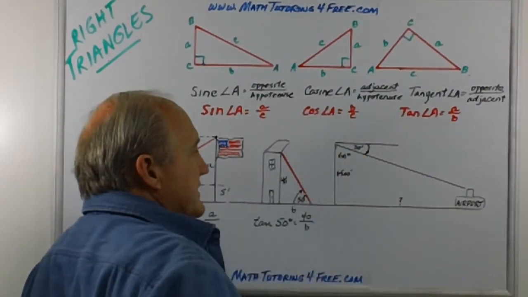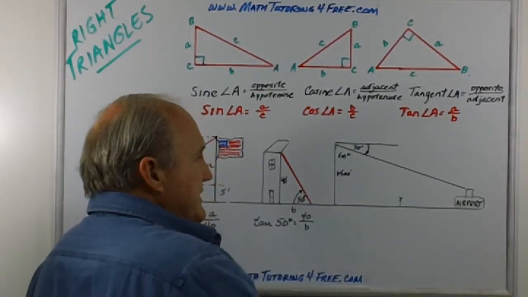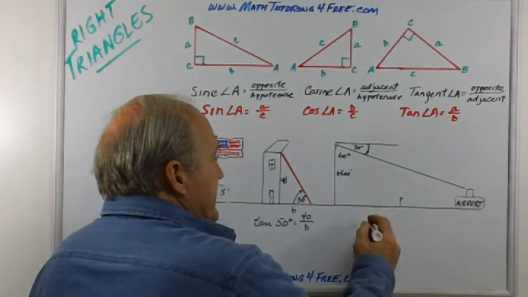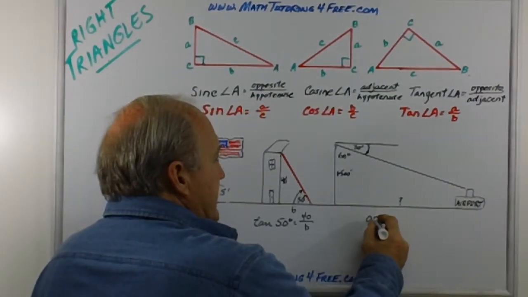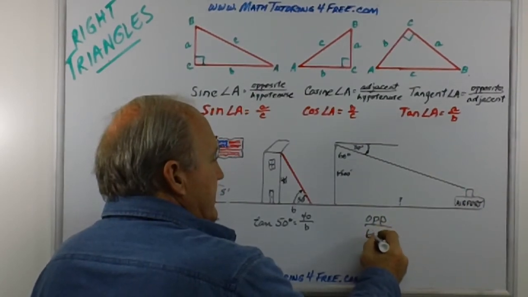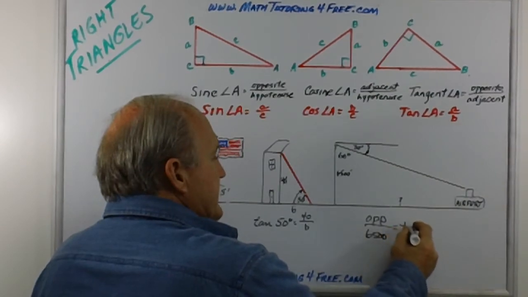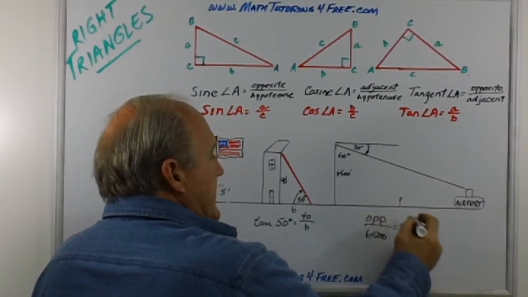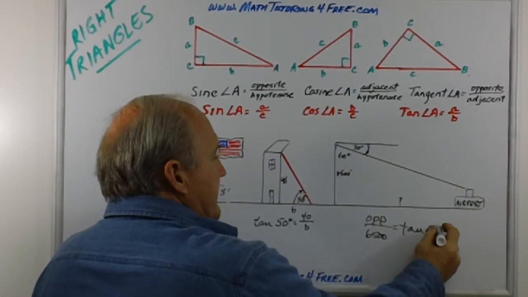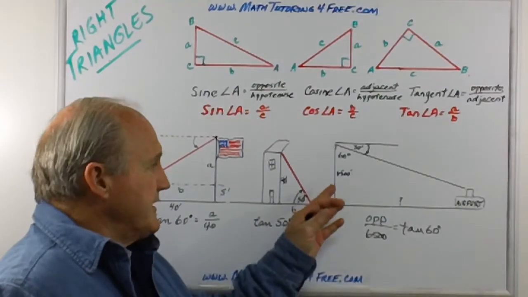So now we can look at this triangle and say, okay, if I've got the angle of 60 degrees, the side opposite is what we're looking for, right? So the side opposite and the side that is adjacent is what we know. Okay, what is that? Well, that's the tangent again. And it's a tangent of what? 60 degrees. Now, you're dealing with some big numbers here.